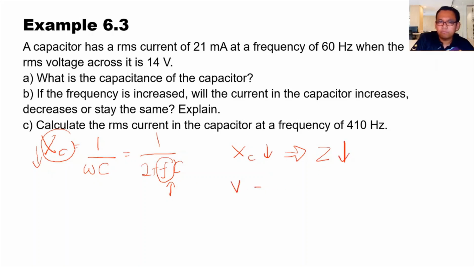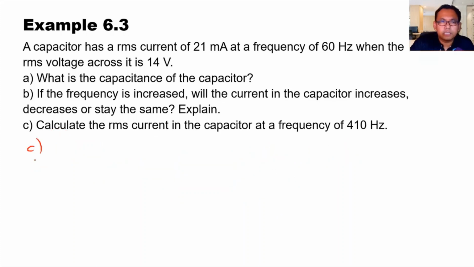From Ohm's law, V is equal to IZ, and if we maintain the voltage, the opposition decreases, so I will increase. So the answer is the current in the capacitor increases.